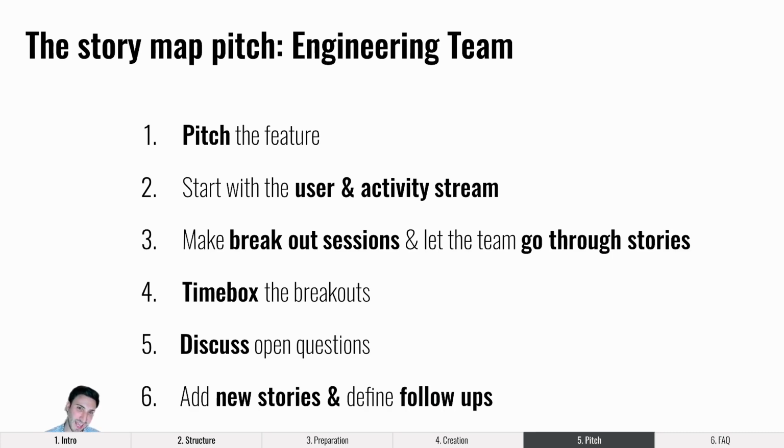What you're going to do next is a trick that I have learned from a very good coach. You're going to reveal all the user stories, but you don't go through each of them. What you're going to do is you make a breakout session. For example, if you are a team of 12 people, you can create 3 groups with 4 people each and say, ladies and gentlemen, please take a look at the user stories, go through them, try to understand them, and add additional information.